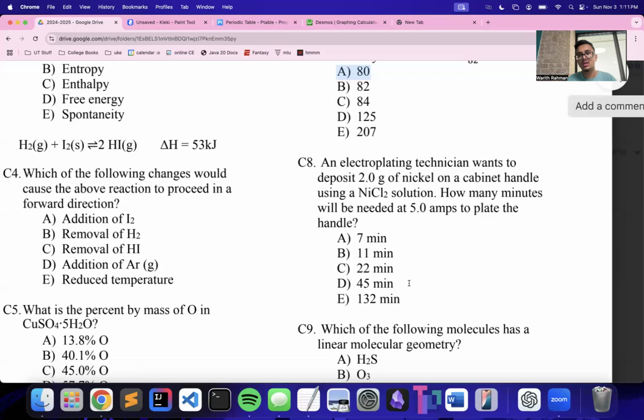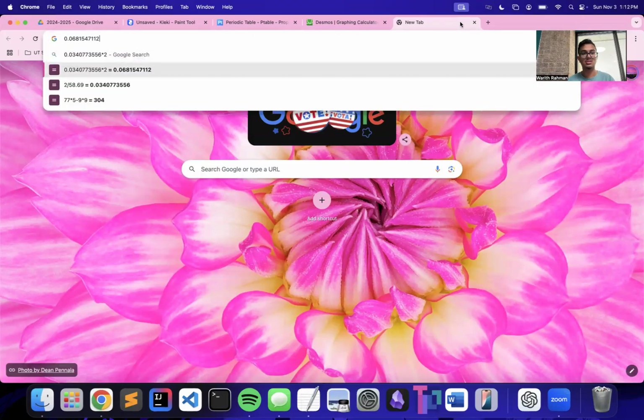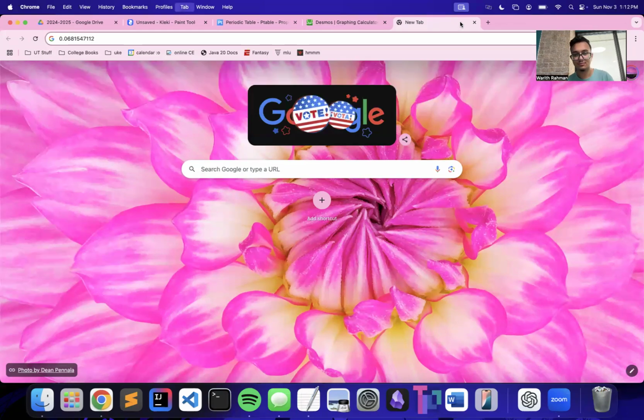Now, if we write out the reaction for this, this nickel has a plus two charge on it. So we need to run 2 electrons for every 1 atom of nickel to plate it. Another way to phrase that is that for every mole of nickel, we need 2 moles of electrons. So if this is the amount of moles of nickel we have, then this is the amount of electrons we're going to end up needing.